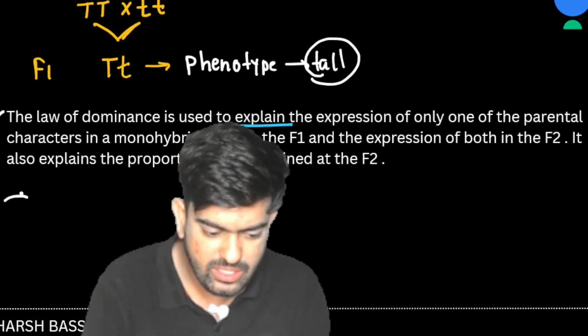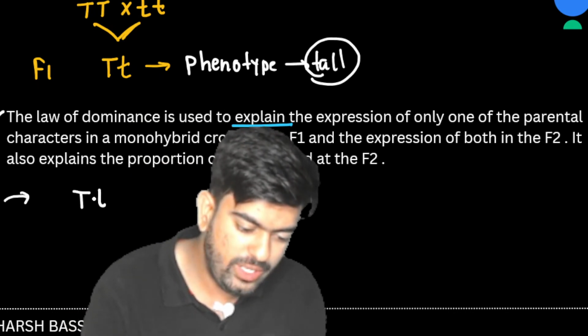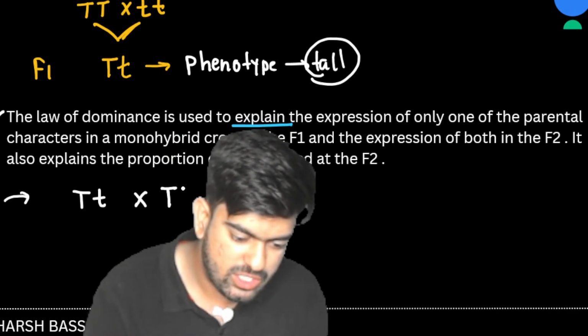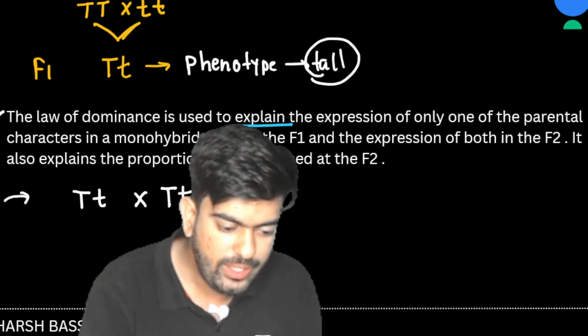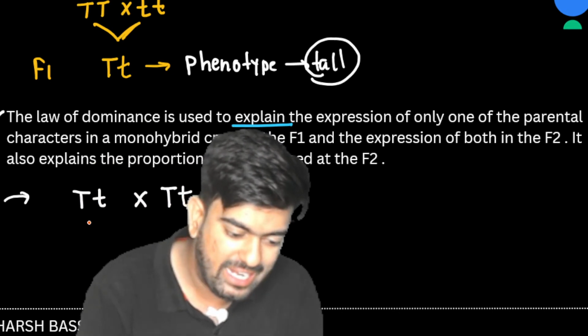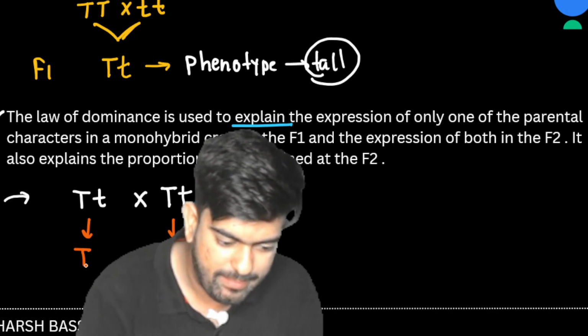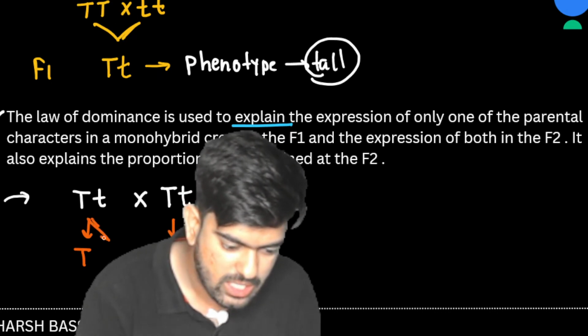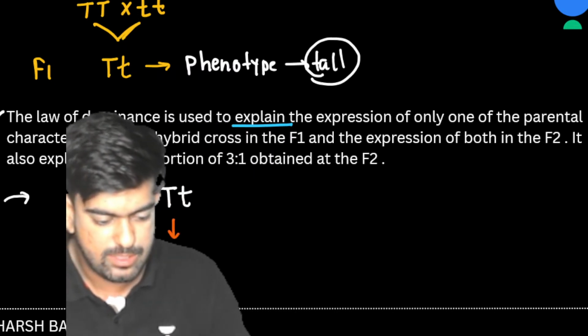Let us understand with the help of the F2 generation also. We saw that during selfing in F2 generation, with capital T and small t, we had the gametes capital T and small t, and here also we had capital T and small t.